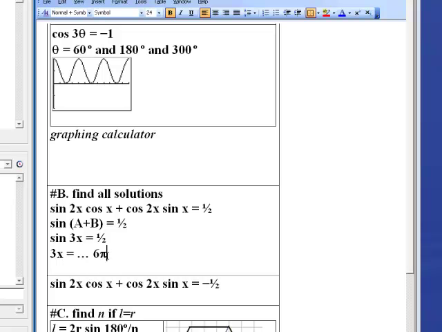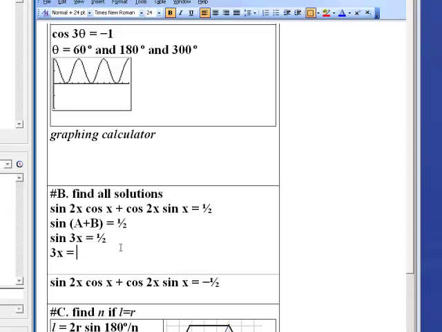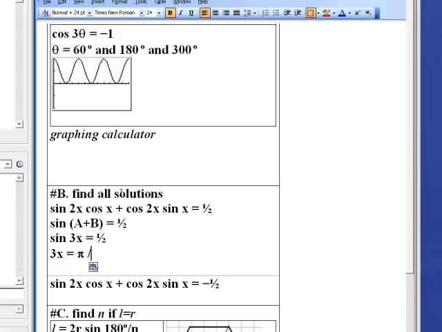So again, keep that in mind. So 3x is going to be 1/2, of course, puts us at 30 degrees and 150 degrees. So pi over 6. And 5 pi over 6.